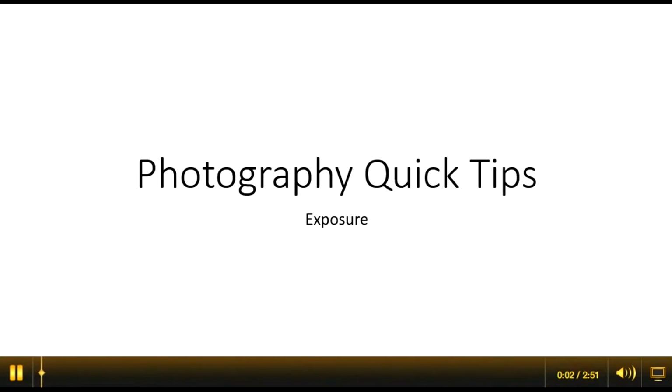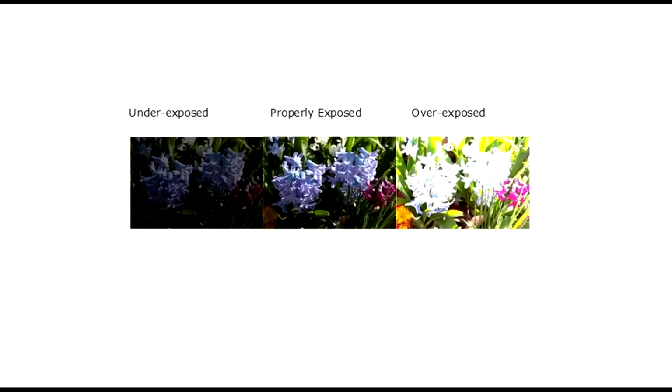So now we're going to look at those examples that I've just mentioned. If we look here, the same picture, just underexposed, properly exposed and overexposed. As you can see in the underexposed picture, there's a lot of black, dark areas with no definition to it, and the same with overexposed, bright white areas of the photo where we've lost the detail.